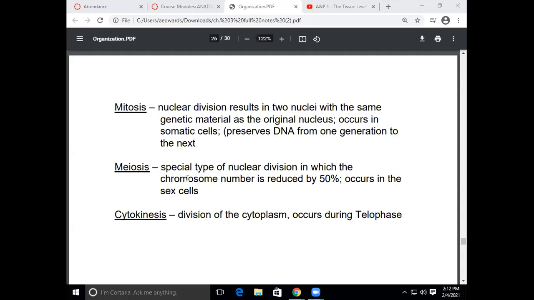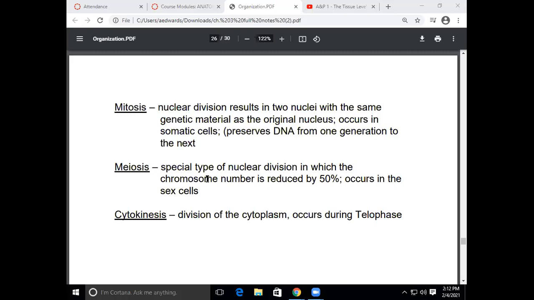You have meiosis, which happens in sex cells. It's a form of nuclear division in sex cells, and you reduce the chromosome number by 50%. So you end up with cells that have 23 chromosomes instead of 46, and typically a different number of cells.